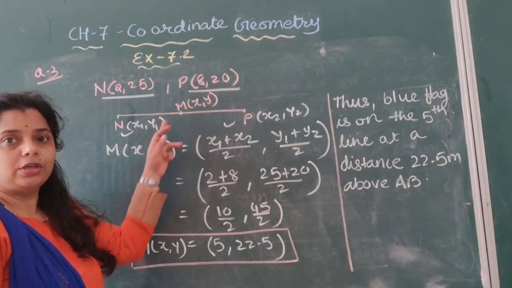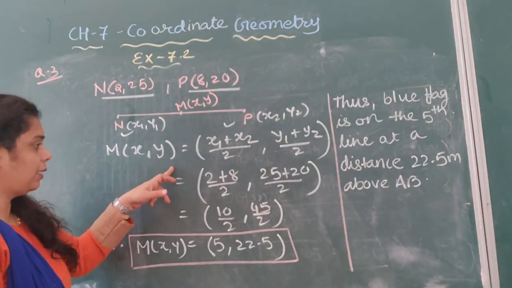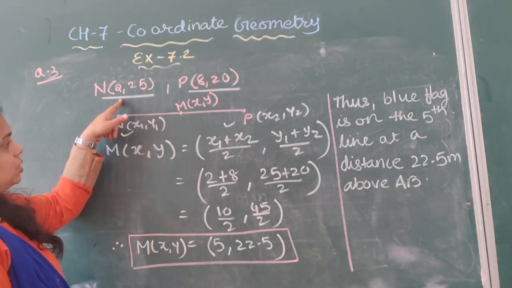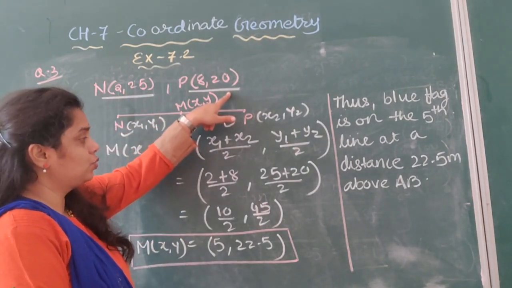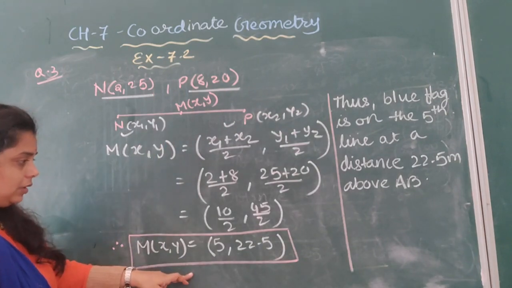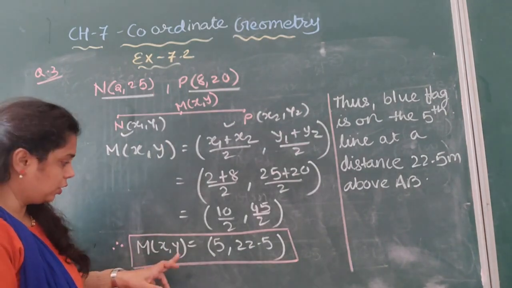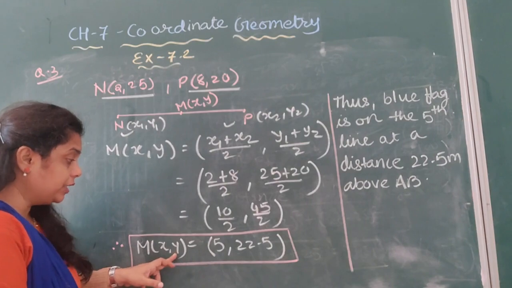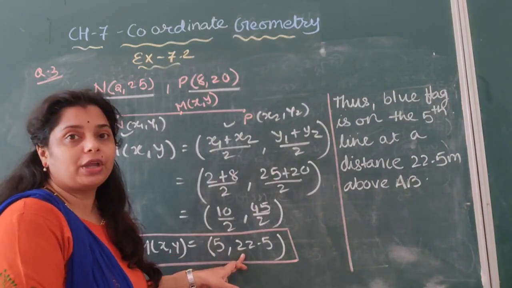As it is a midpoint, we use the midpoint formula, and after substituting values, I got the x coordinate as 5 and the y coordinate as 22.5.